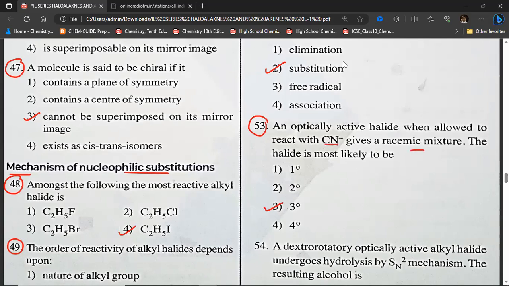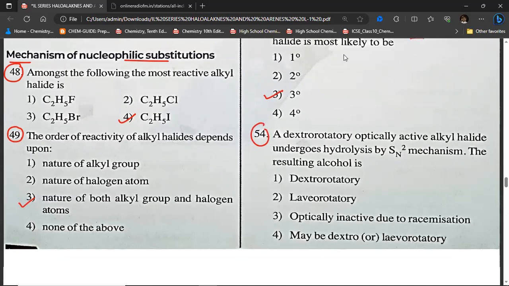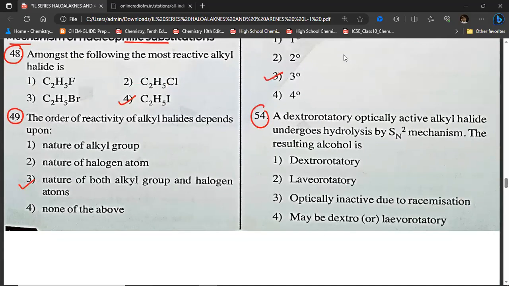What kind of halides give this type of result? Tertiary alkyl halides are said to give this. So an optically active halide reacting with CN minus to give a racemic mixture most likely means they are tertiary alkyl halides. Next, 54. The dextrorotatory optically active alkyl halide undergoes hydrolysis by SN2 reaction mechanism. It may give dextro or levorotatory substances in the SN2 reaction mechanism.